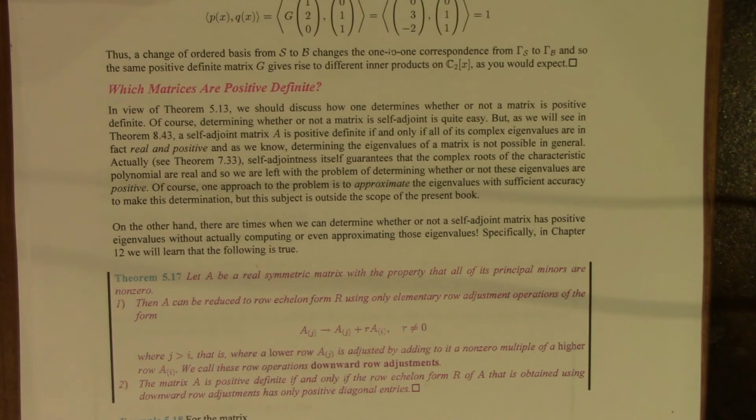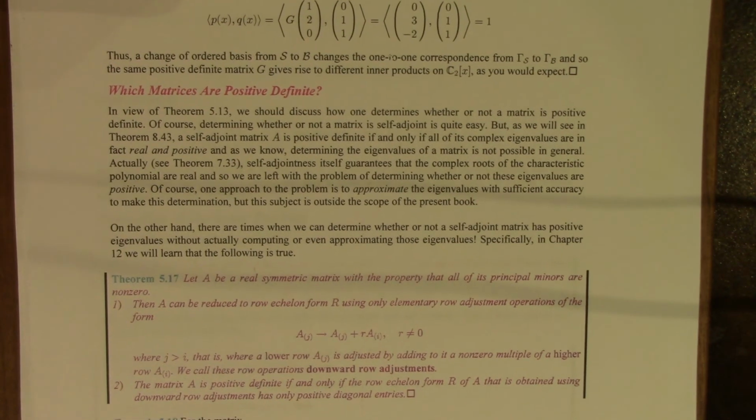We will see in chapter 8 of the book, quite some time to come, that a self-adjoint matrix A is positive definite if and only if all of its complex eigenvalues are actually real and positive.